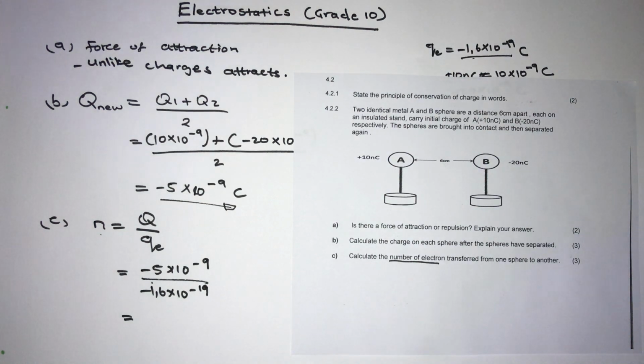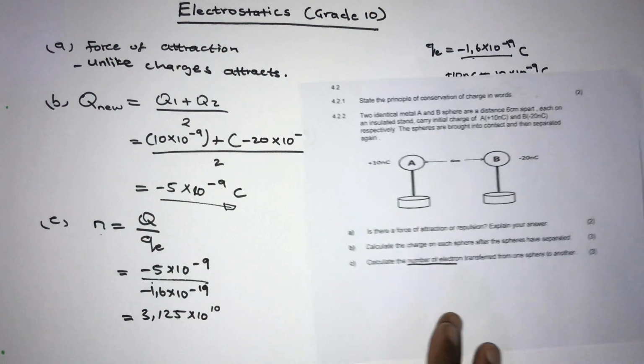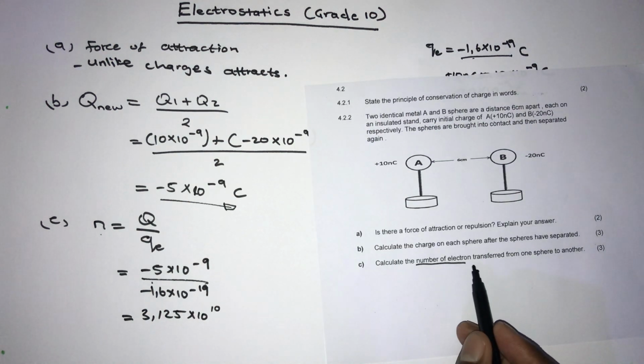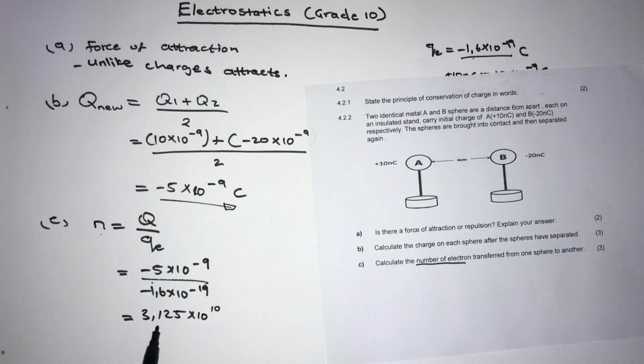Then when we check, this is the answer: 3,125 times 10 to the power 10. So this is the number of electrons. That means 3,125 times 10 to the power 10 is electrons.